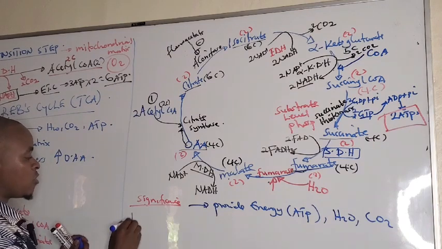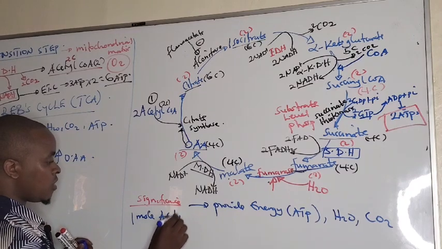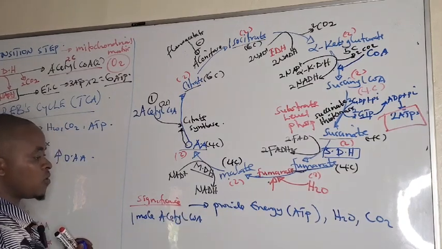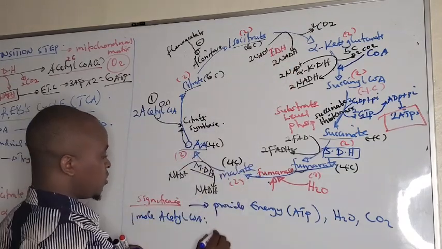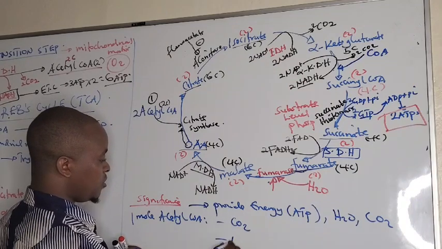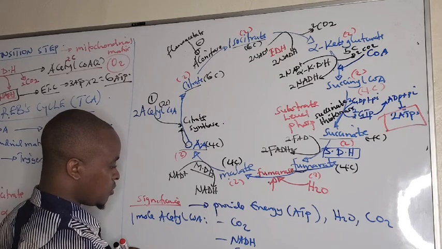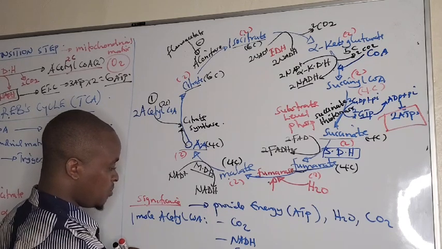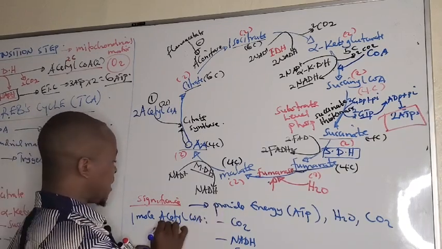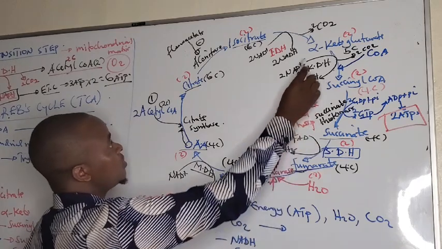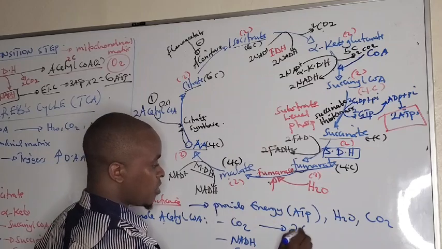Let me begin with 1 molecule of acetyl-CoA. If I have 1 molecule of acetyl-CoA fed into Krebs cycle, it produces carbon dioxide, NADH, FADH2, and ATP at substrate level. One molecule of acetyl-CoA produces 1 carbon dioxide, and a second, so those are 2 molecules of carbon dioxide.